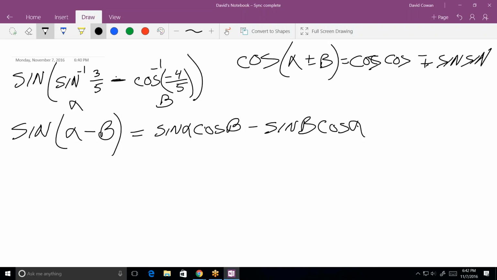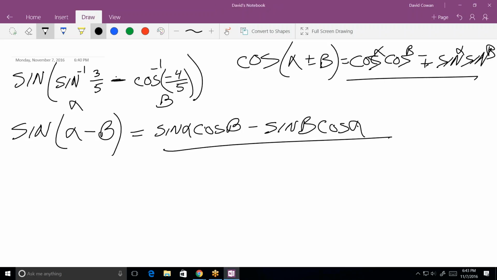This has to be alpha, that has to be beta, that has to be alpha, and that has to be beta. If you can memorize that, which is relatively easy because it starts out with cosine, cosine, and then know that every answer has two sines and two cosines in it. And when you do the sine, the first term has one of each. Well, then you can't get it wrong.